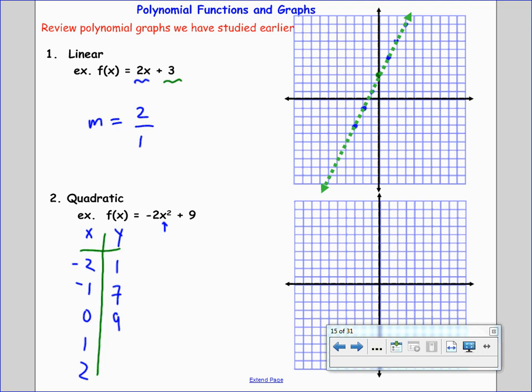And lastly, 2 squared is 4, times the -2 is -8, plus 9 is 1.